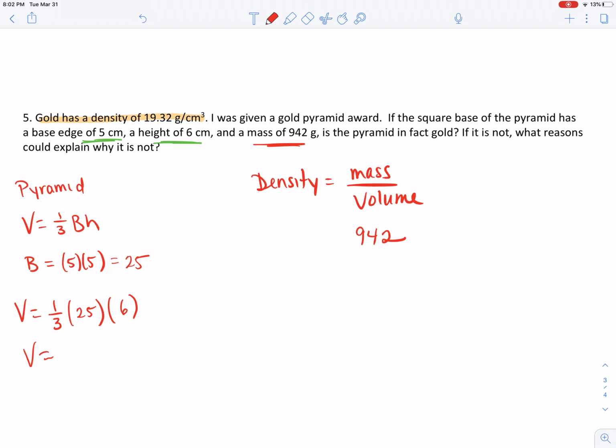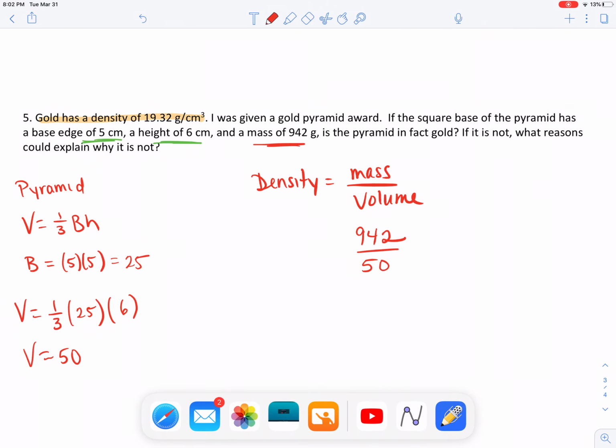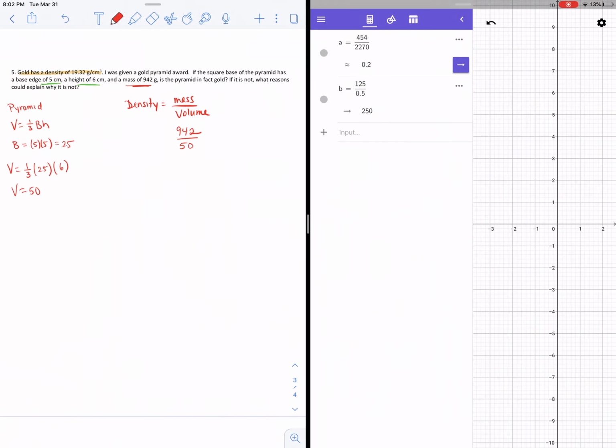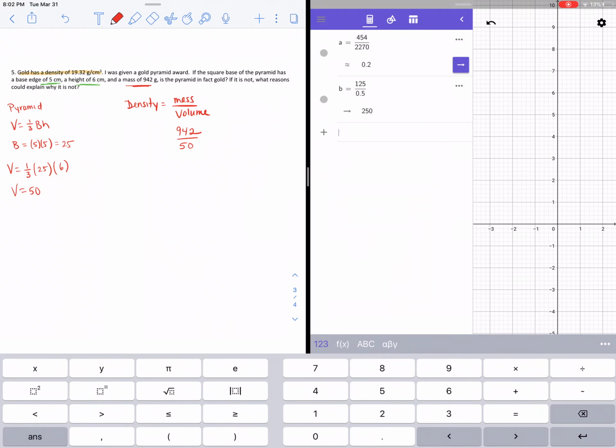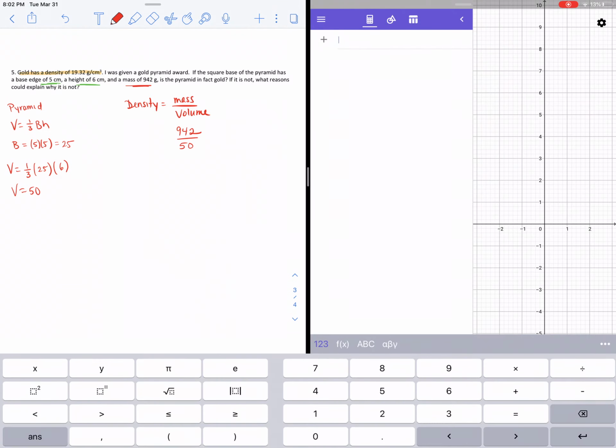And that gives us a volume of 50. So I'm going to divide 942 by 50, which I hadn't already done. So I'm going to do that now. 942 divided by 50.